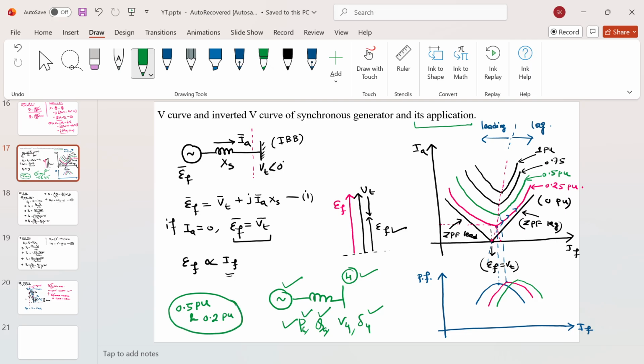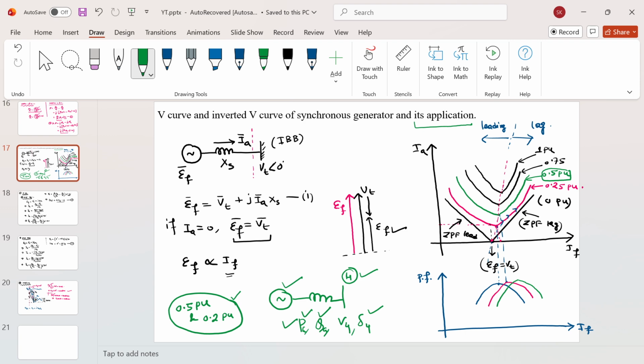Okay, now where is my 0.5 active power curve? This one, the green one, is for the 0.5 per unit active power curve. Now I have to deliver 0.5 per unit active power and 0.2 per unit reactive power.